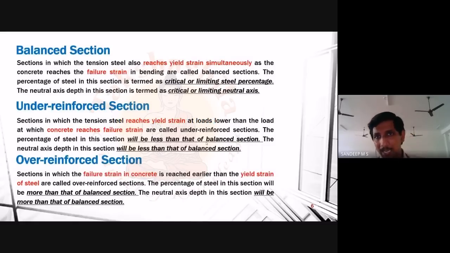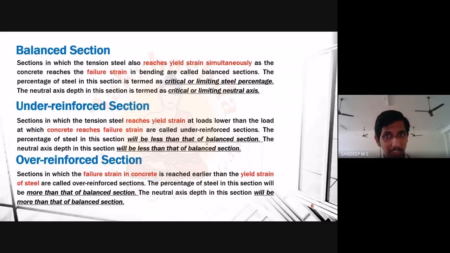And based on that strain value only, we are classifying the section into three groups: balanced section, under reinforced section, and over reinforced section. In a balanced section, the yield strain values of steel and concrete will be reached simultaneously.